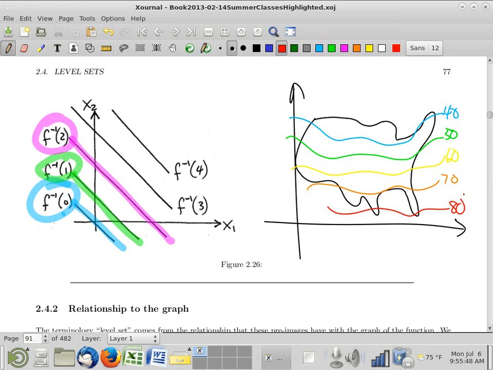So we've all seen pictures like this on the news, on the satellite images on the internet, etc. And in fact, what they are is level sets. This curve here, this yellow curve, that is a level set of the temperature function. That is the curve showing where in the domain, namely where on the map, is the temperature exactly equal to 60. And then you can kind of infer, seeing all these different level sets, you sort of fill in the blank and you say, okay, well, let's see, where are we?